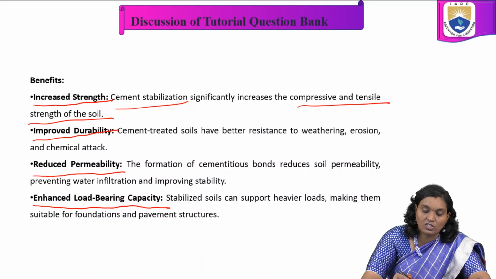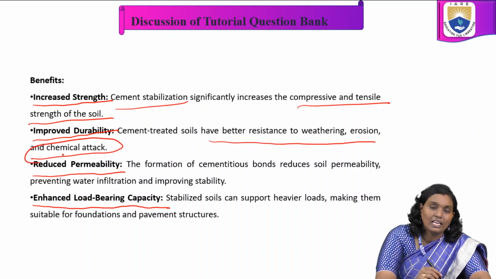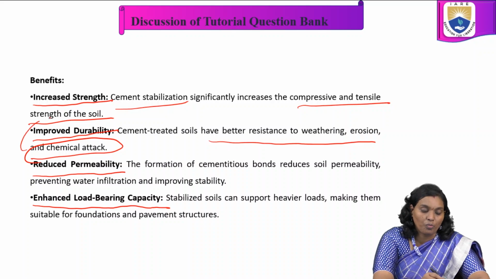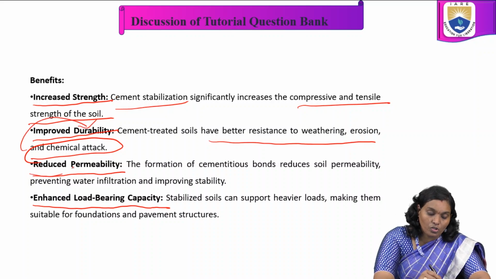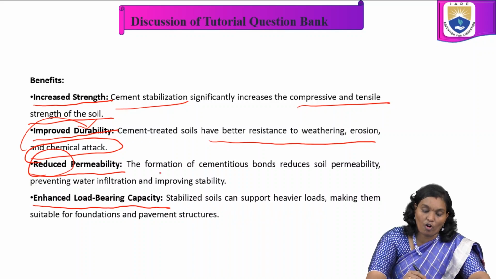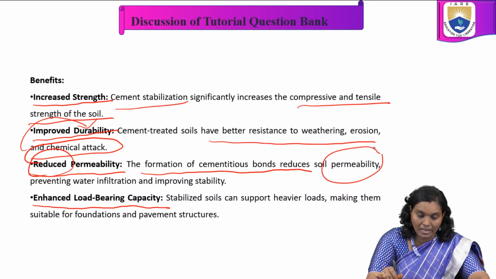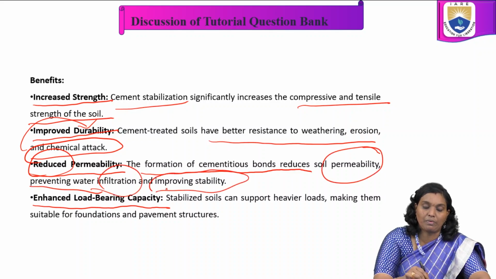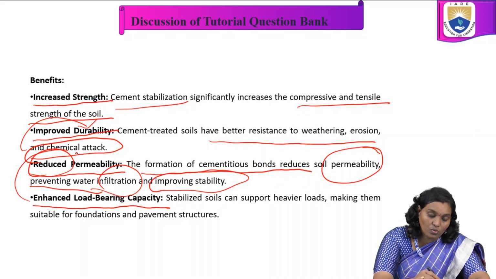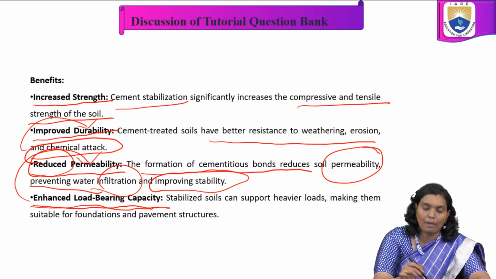Cement-treated soils have better resistance to weathering, erosion and chemical attack, which improves the durability of the soil. In reduced permeability, the formation of cementitious bonds reduces soil permeability, preventing water infiltration and improving stability.